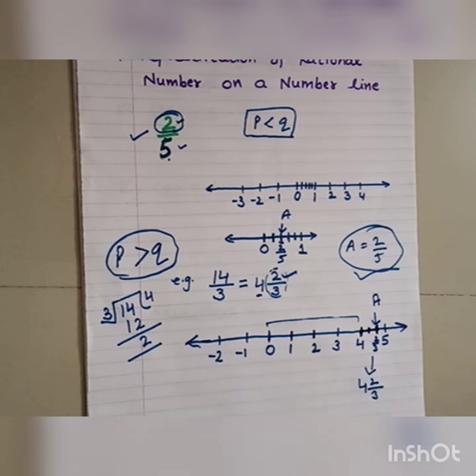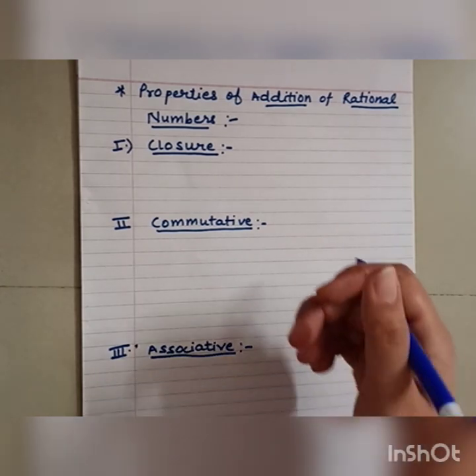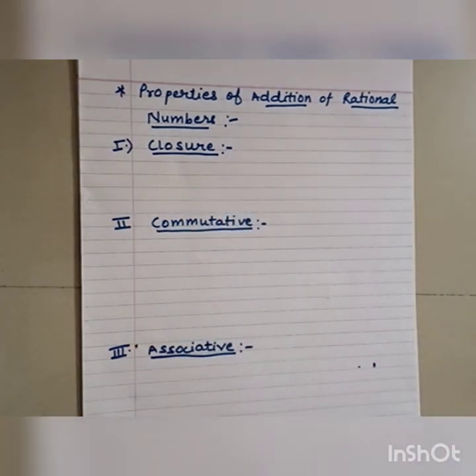Understood? Next is properties of addition of rational numbers, which means we have to check whether some addition properties are satisfied by rational numbers or not. The first property is the closure property.